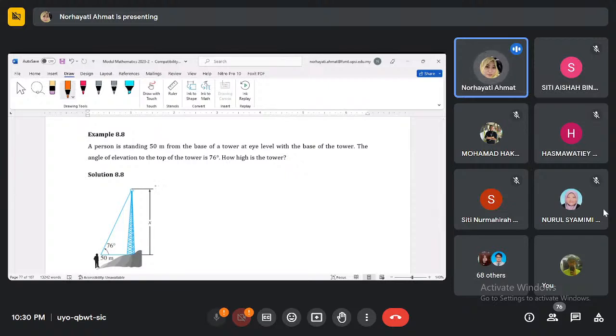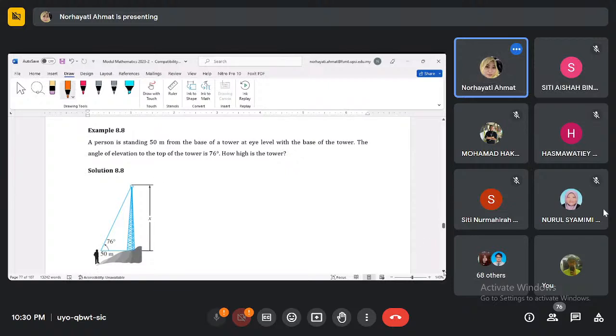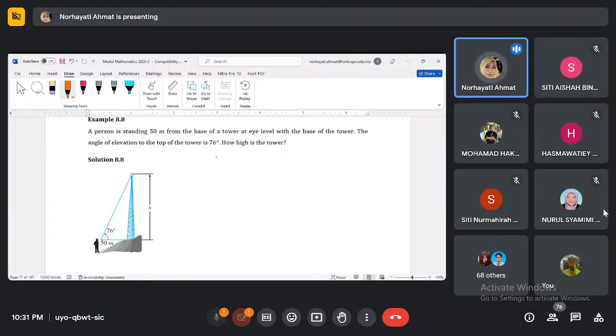So this person stand here, and his eye level same as the bottom of the tower, okay, and he stand 50 meter away from the base, okay. The angle of elevation to the top of the tower is 76 degree. How high is the tower? Okay, so berapa ketinggian tower ni?